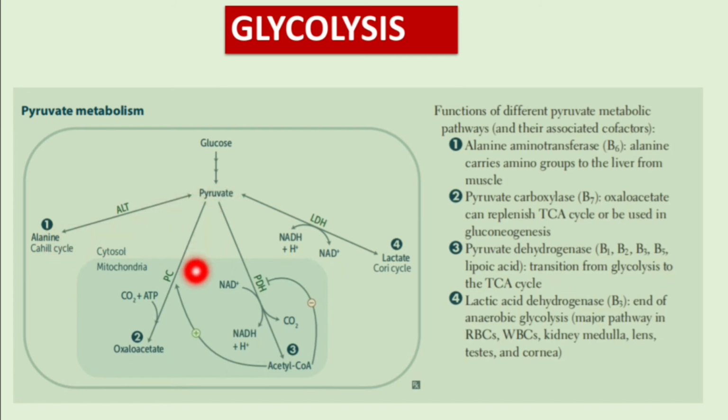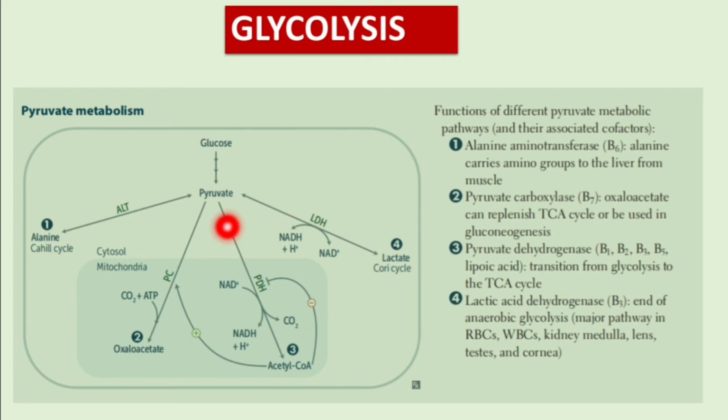The second one is from pyruvate to oxaloacetate, using pyruvate carboxylase. This one we'll talk about later when we talk about gluconeogenesis. But for now, you need to focus on these 2, 3, and 4.